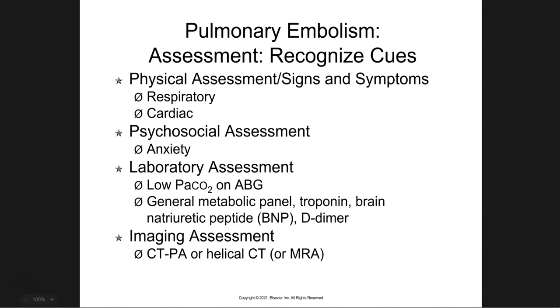A BNP checks for fluid overload. When somebody is in heart failure, they will draw a BNP. Do not make me say that middle word because I can't. Normal is less than 100. You find these CHF patients, they will have a BNP of 7, 8, 9,000. But you're going to draw it to see if that's the reason they're short of breath.